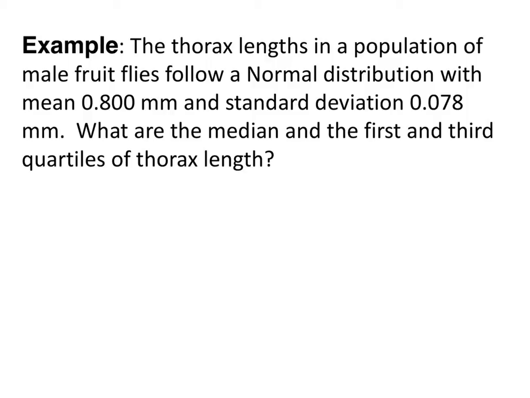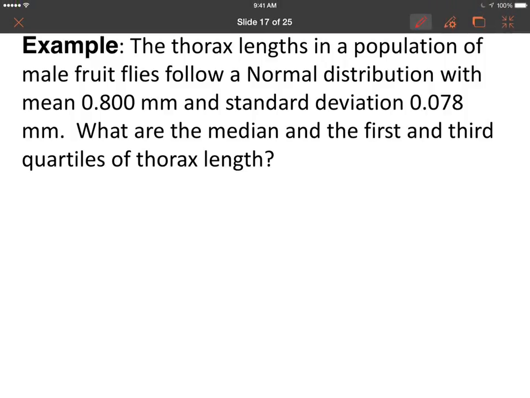So the first step is what? Always draw a picture. So let's draw a picture. So we want a normal distribution. And I want to find the first and third quartiles. So what do we know about our normal distributions?